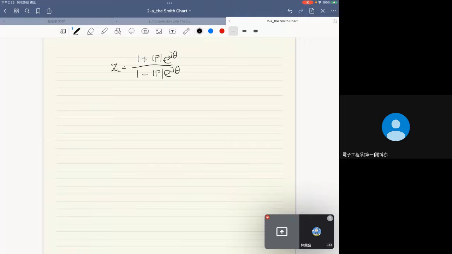We try to separate ZL into RL plus jXL, and also separate gamma into gamma R plus j gamma I.